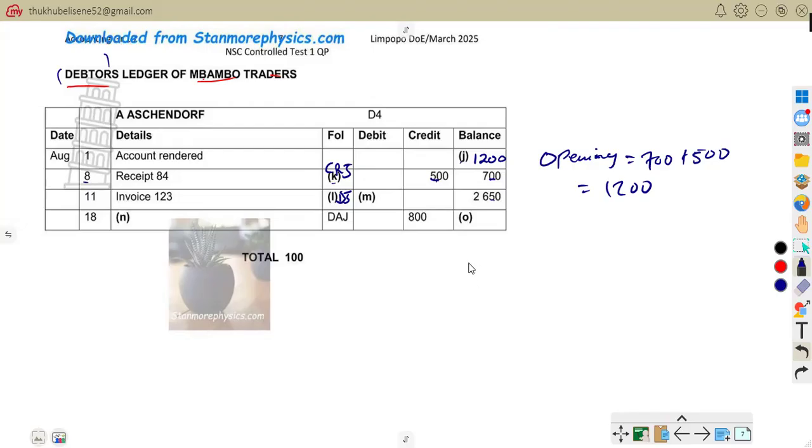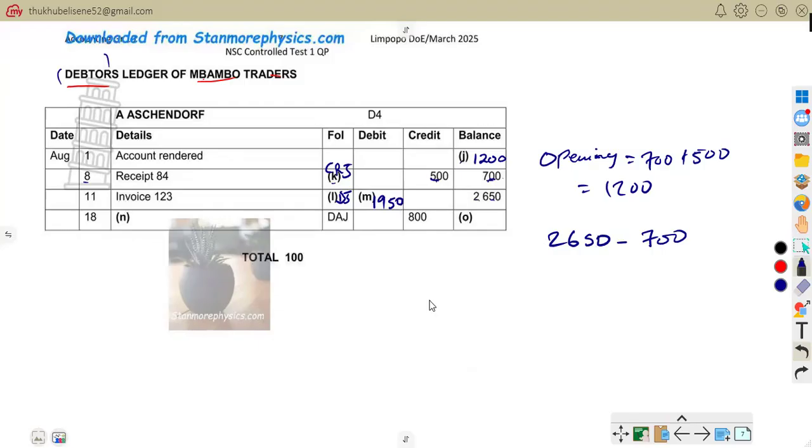So the previous balance was how much? It was 700, this one. So the invoice now is going to equal 2,650, which is this one, 2,650 minus 700, that is the previous balance. So this will give us how much? 1,950.